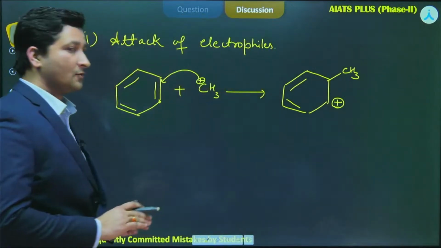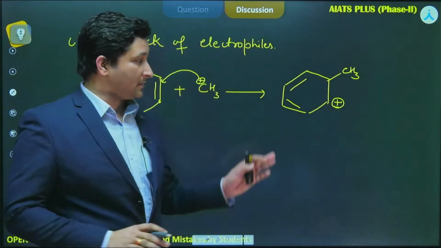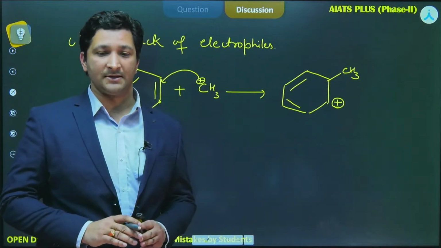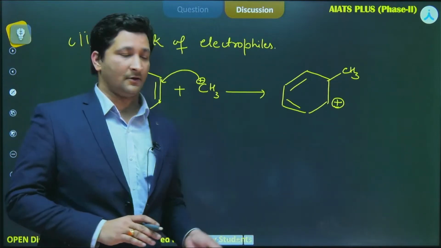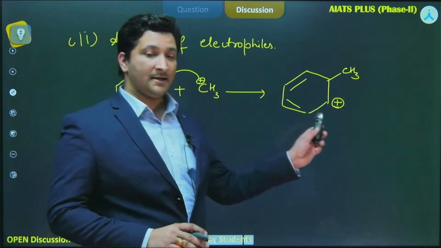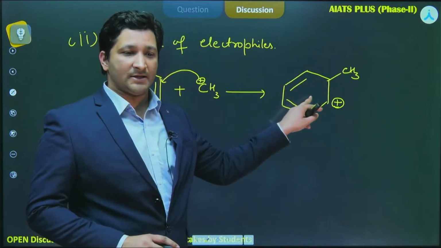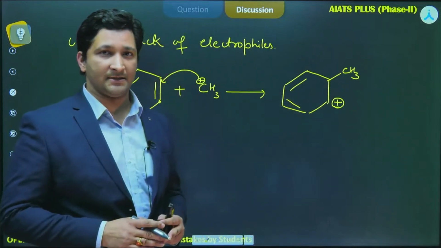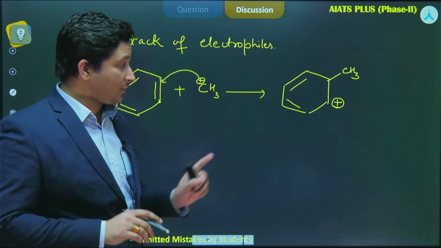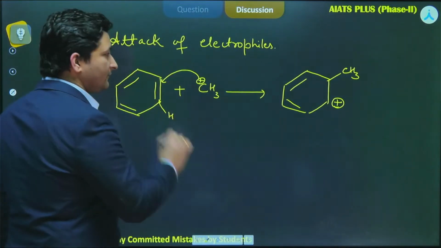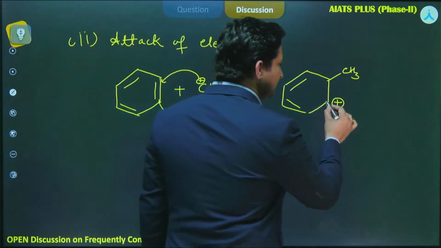Okay, now you may argue that, sir, again it has lost its aromaticity. Yes, it has clearly lost its aromaticity. Okay, but this is still in resonance, so a little bit of stabilization is there, that's why it forms. But because one hydrogen is also here, one thing you have to understand, this hydrogen is still present here.